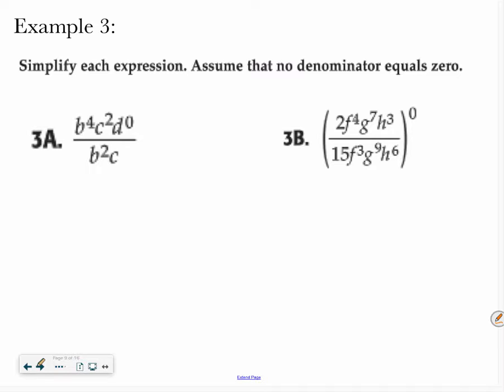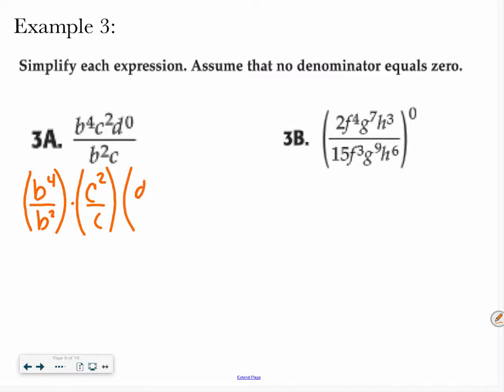If we want to simplify an expression that has a variable to the 0 power, again, I'm going to just help organize this a bit. I'm going to put my b's together, my c's together, and then I have d to the 0 power, but there's no d in the bottom, so I'm going to put that over 1.